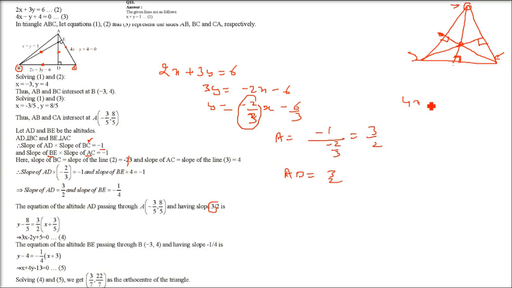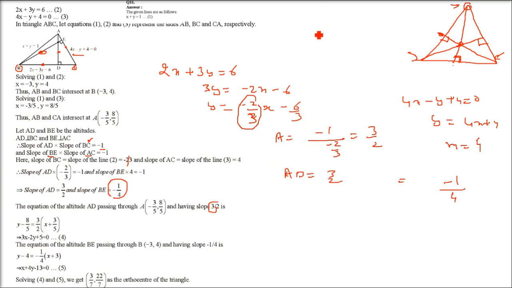For AC, the equation is 4x minus y plus 4, so y equals 4x plus 4 and m equals 4. We have to find the slope of BE. Because we know the slope of AC, BE will be simply -1 by the slope of AC, so it will be -1 by 4. So we found the slopes of AD and BE at the same time.